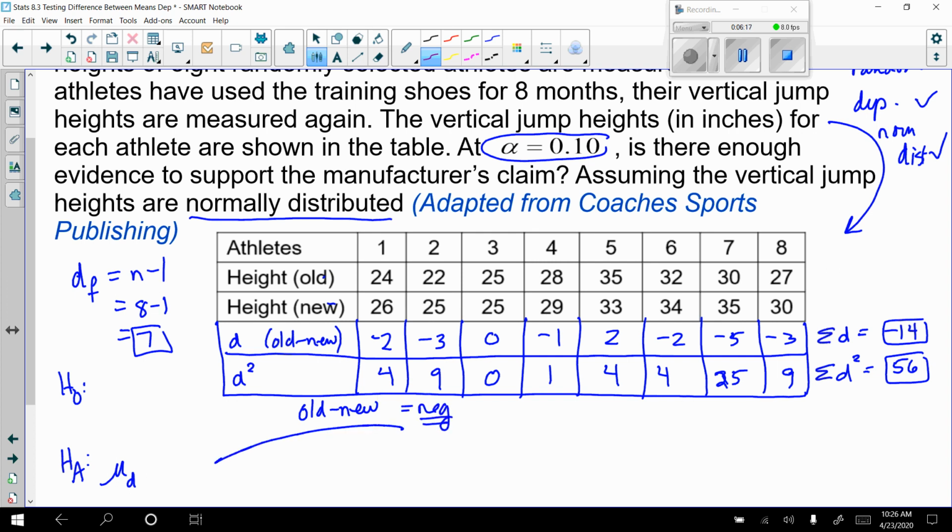That's what makes this less than 0. That's the claim. That means the null hypothesis is that the mean of the differences is greater than or equal to 0.